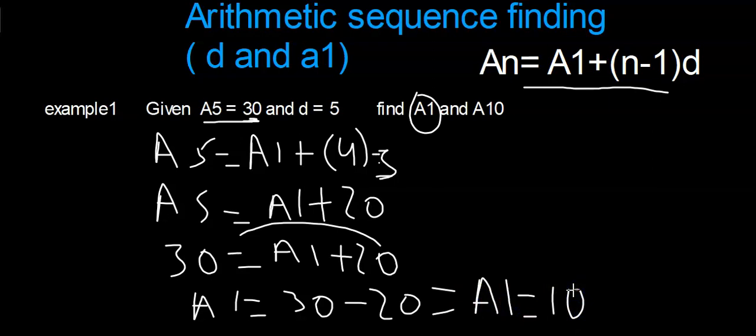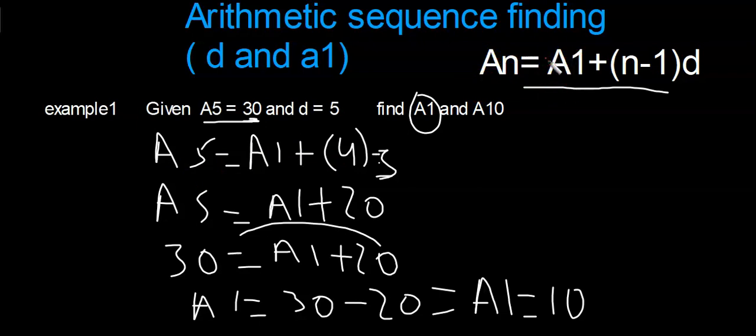I just want to make sure that you guys understand. I used this expression to find the value of a1. Let's look at the basic formula of the arithmetic sequence and match it with this one. I substituted a5 over here, and I'm looking for a1.